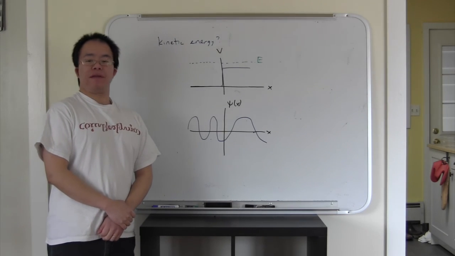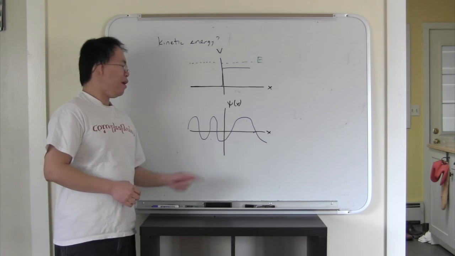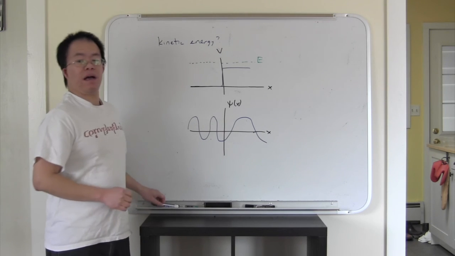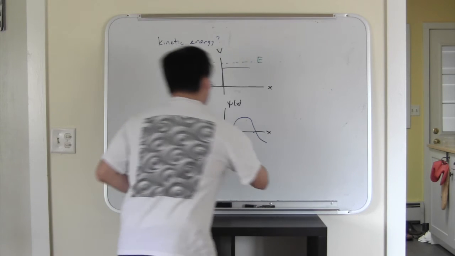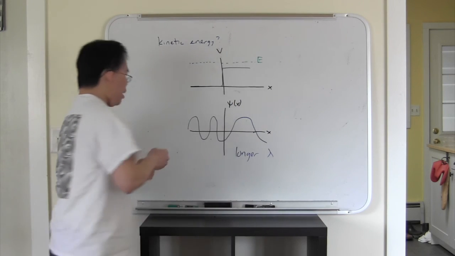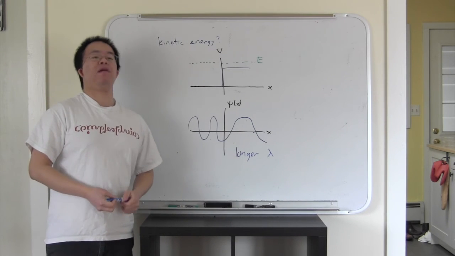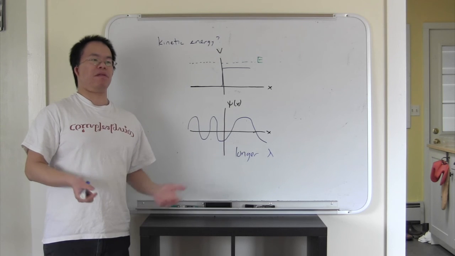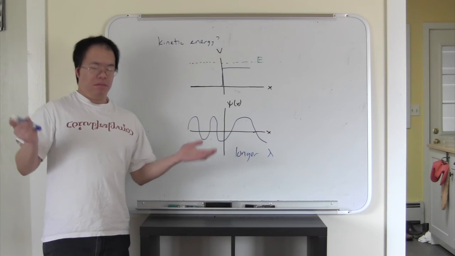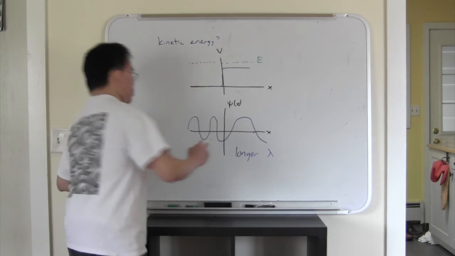As you saw in the FET, the wavelength is longer for x greater than 0. And as we've seen with regular plane waves, a longer wavelength is associated with a smaller wave number k, or in other words, a lower kinetic energy.